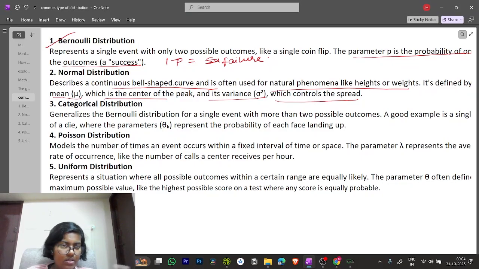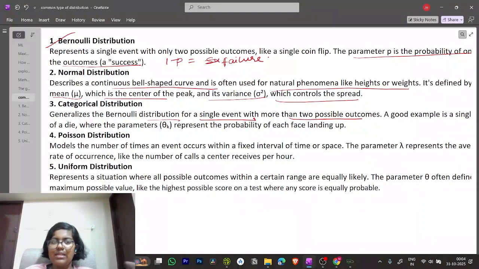So we are going to see each of its types next. At that time I will explain what mean is, what variance is, how variance determines the probability, how it determines the graph, everything we will see there. Next is the categorical distribution. It generalizes the Bernoulli distribution for a single event with more than 2 outcomes. An example for this is dice.